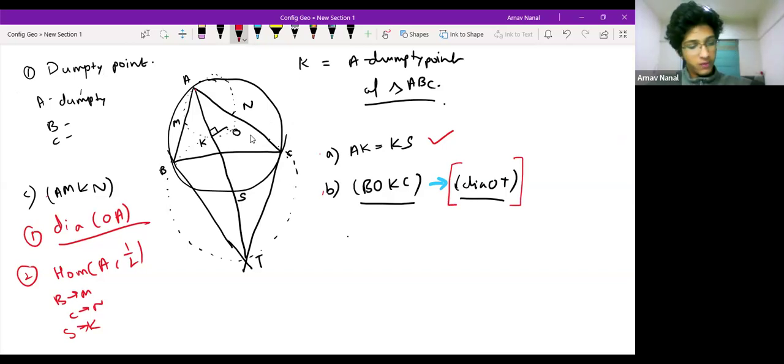Okay, so let's do the fourth property. This is quite an interesting one. This appears many times during angle chasing. Let's scroll down and draw a different figure.